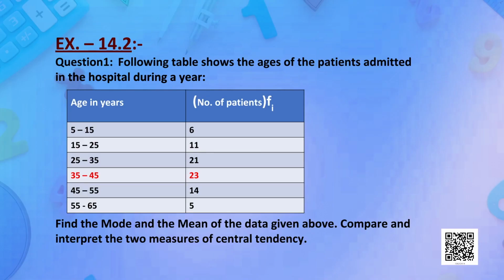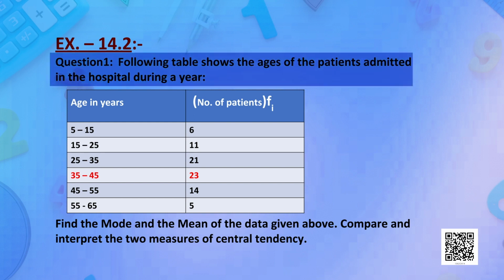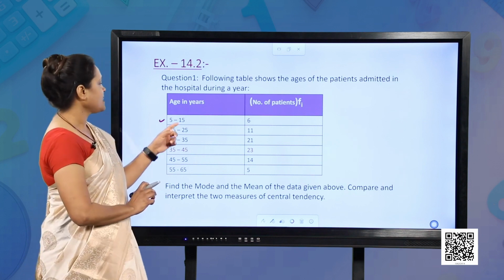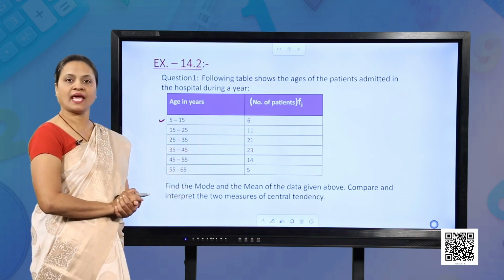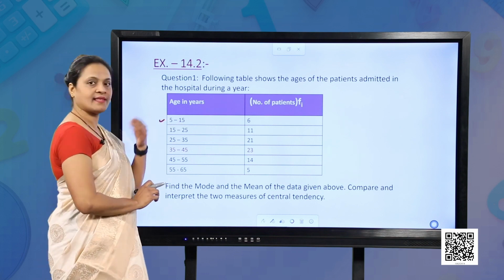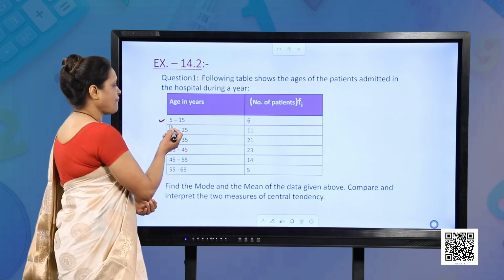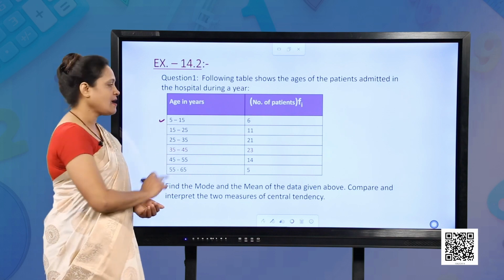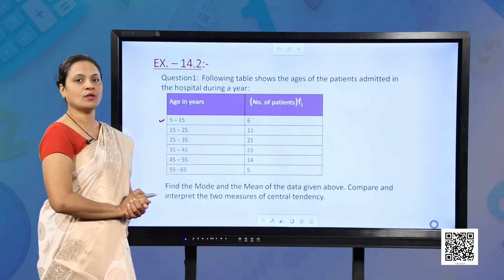Let us take a question from exercise 14.2. In this question, the table gives the ages of patients admitted in a hospital during a year. You can see in the first class interval 5 to 15, there are 6 patients admitted in the hospital during that year. Let us understand this class interval. In 5 to 15, 5 years is included but 15 years is excluded.